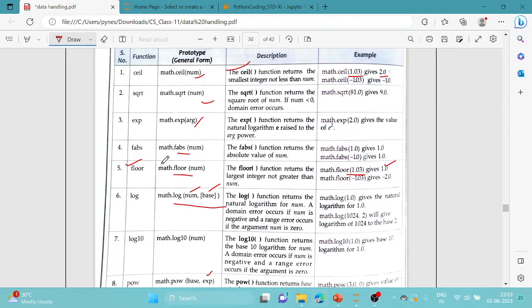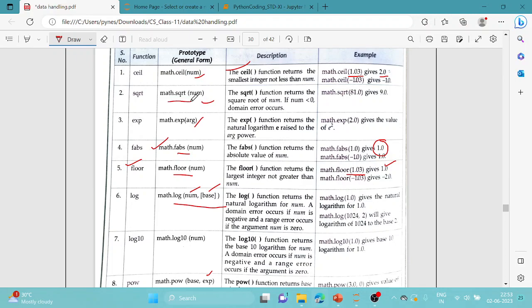Similarly, we have the fabs function that will return the absolute value. If I write 1.0 or minus 1.0, it will return the absolute value of the number given as an argument.